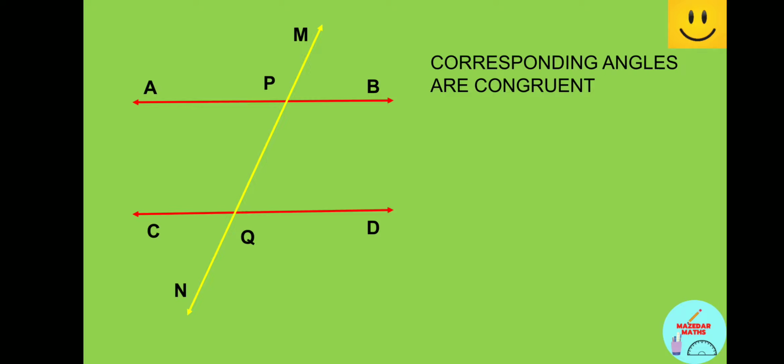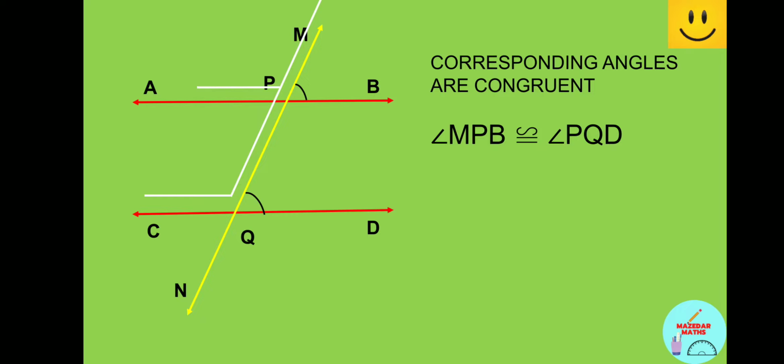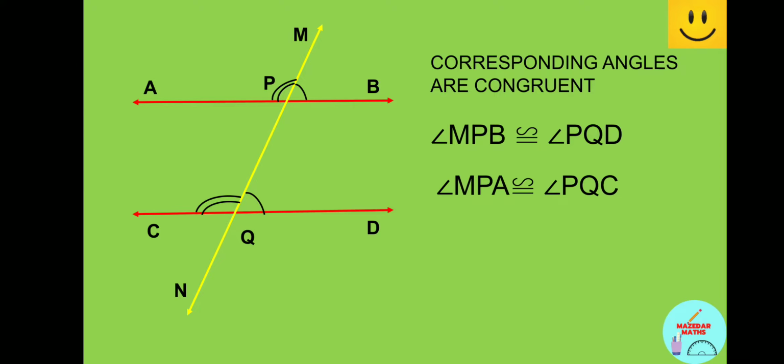Now we have one more pair of corresponding angles here on the opposite side. So MPB is congruent to PQD. Again on the next, MPA is congruent to PQC.